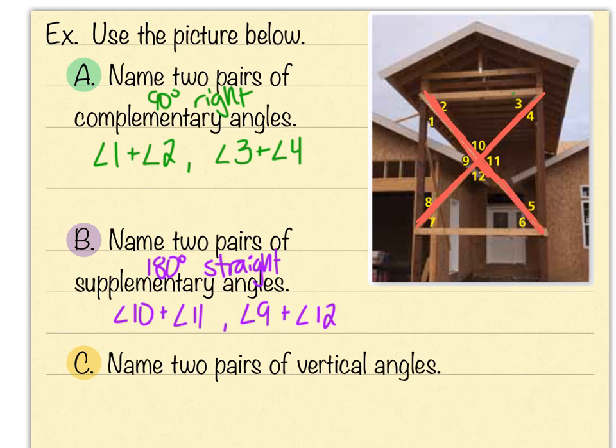And so vertical angles, I could say angle 10 and angle 12 are vertical from each other. And then angle 9, this angle here, and angle 11 are opposite from one another. So angle 9 and angle 11 are vertical angles.